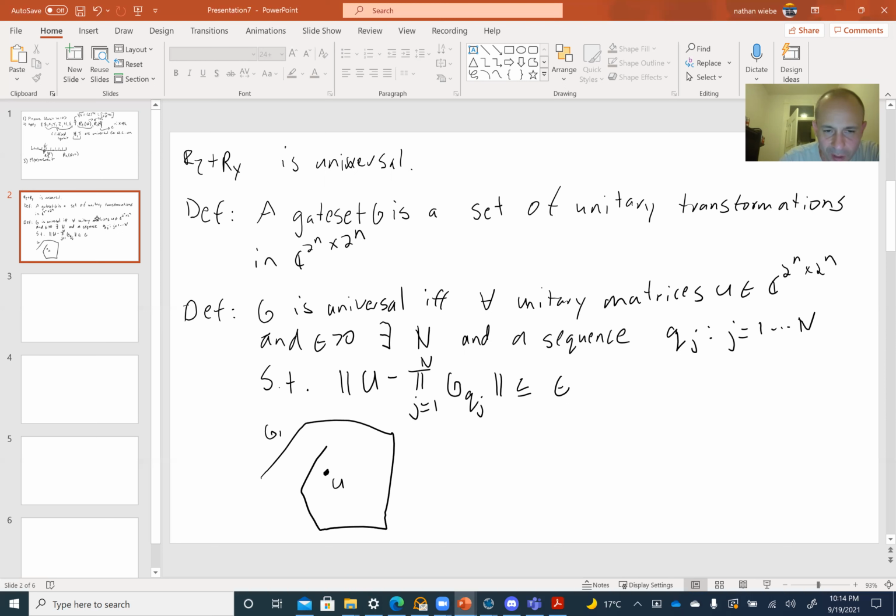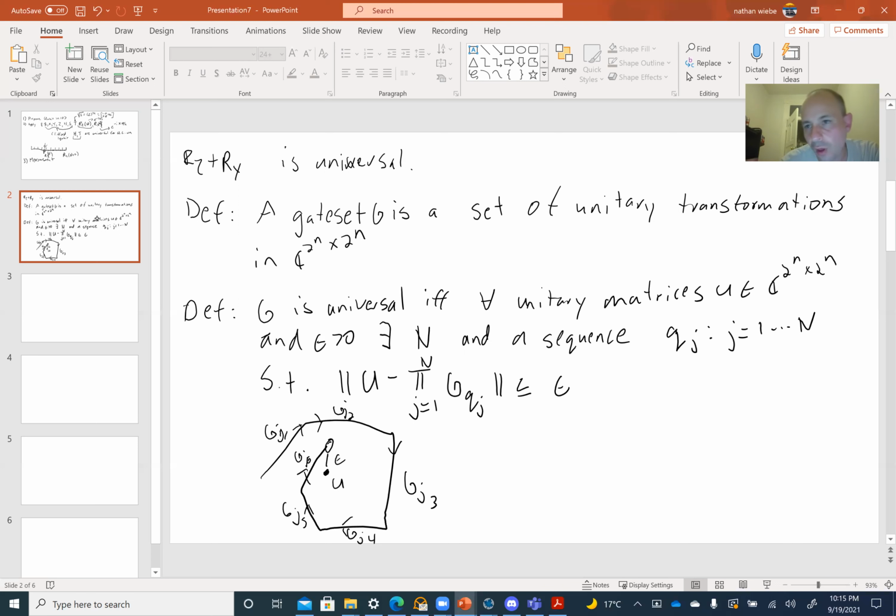So this would be like G_j1, G_j2, G_j3, G_j4, G_j5, G_j6, such that the product of all of these different unitary transformations ends up leading to a unitary that's within distance epsilon from our target.